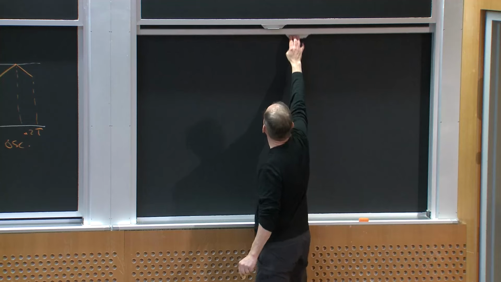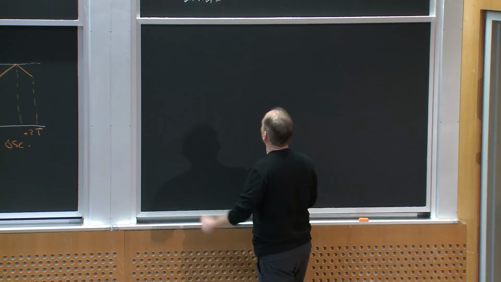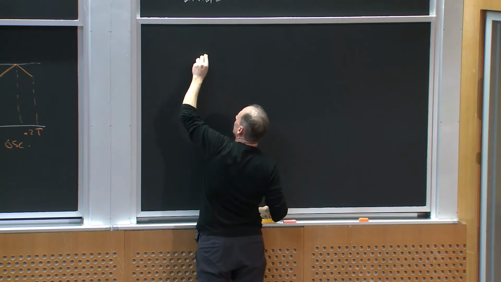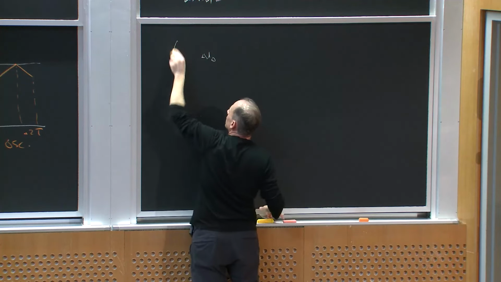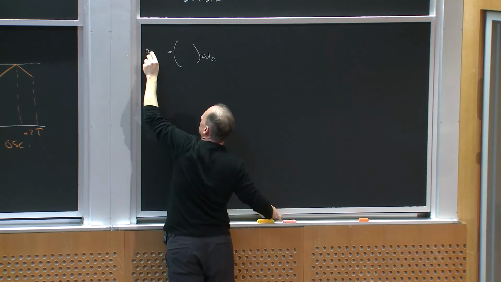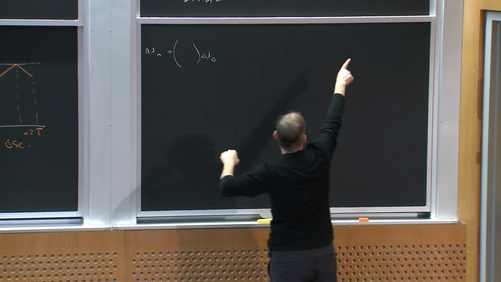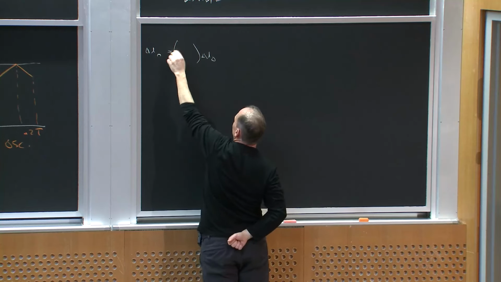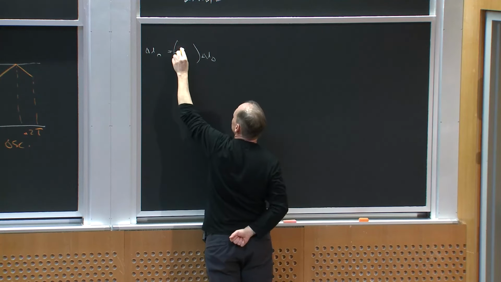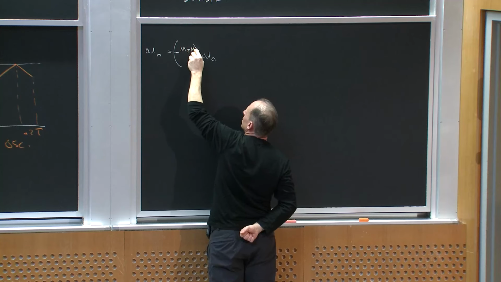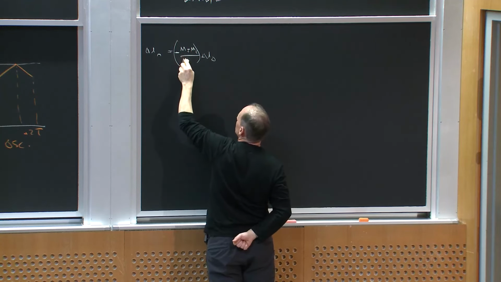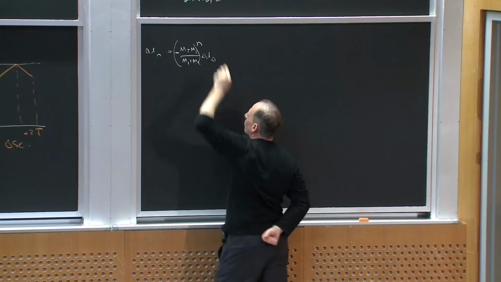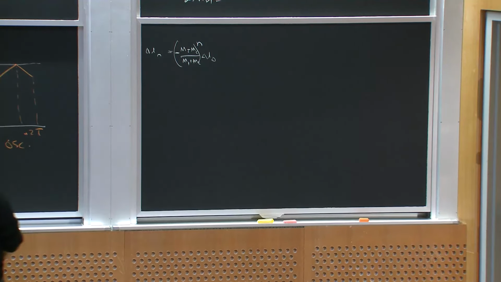That means that if I started off with some error delta I0, I could write delta I n as that ratio, which I'm going to write the way they often write it in papers, minus M2 minus MC over M1 plus MC, to the nth power. Let me make sure I've gotten that right. Yeah, M1 plus MC, right.